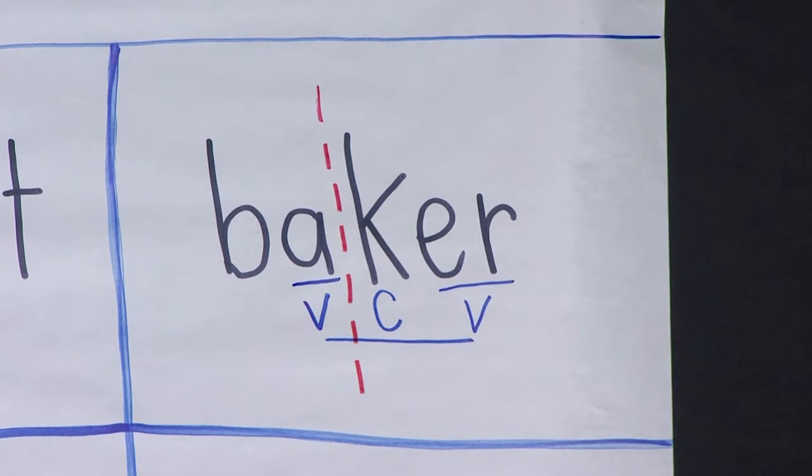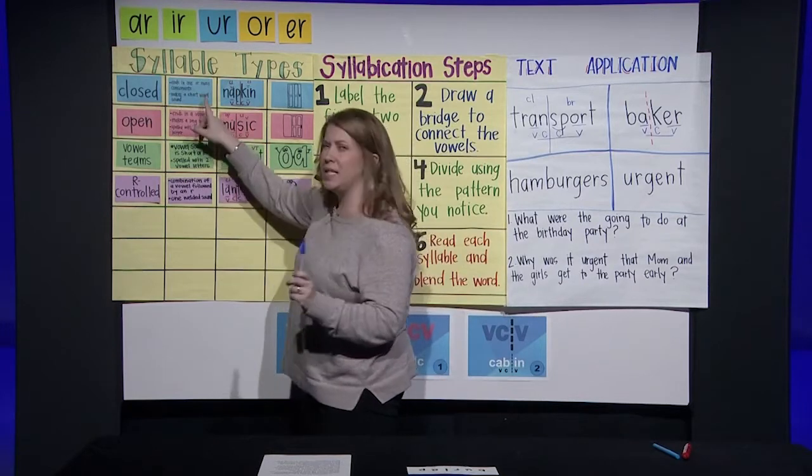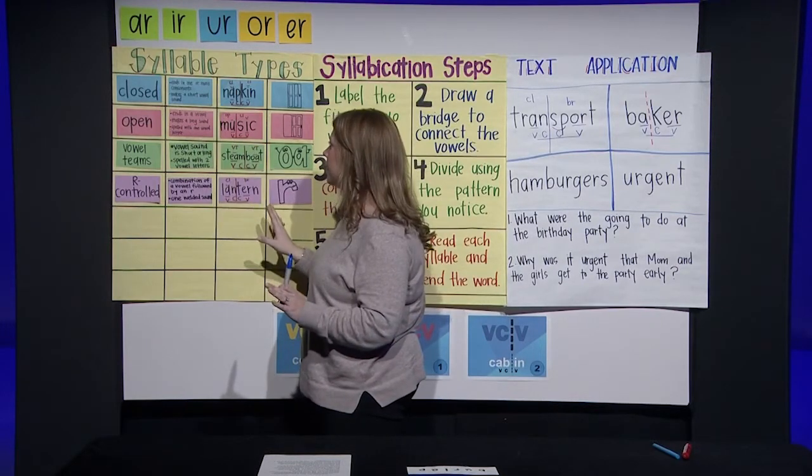Okay, now let's identify each syllable type and label those. So looking at my first syllable, what do you notice? That's right, it ends in one vowel letter. And what kind of syllables end in one vowel letter? Let's go to our chart. Closed syllables end in consonants.